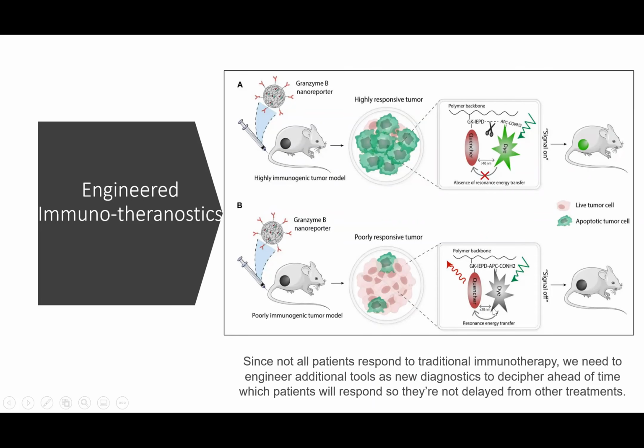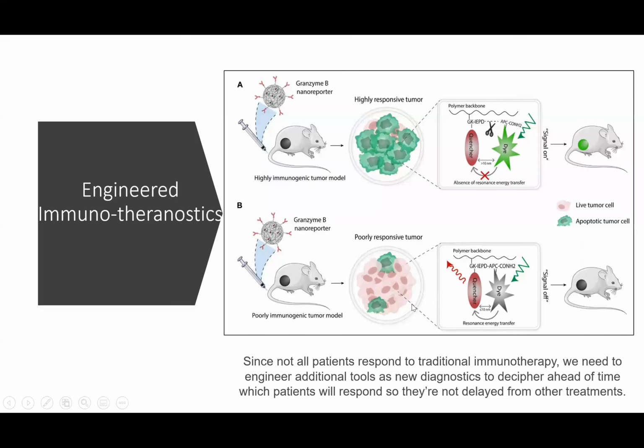However, if this tumor is resistant to immune checkpoint inhibitor and we inject the anti-PD-L1, T cells will not be activated if they are insensitive, if cancer cells can inhibit the T cells. So no granzyme B will be released. So the bond connecting the dye and its quencher will not be cleaved, and the dye will be in inactive state.